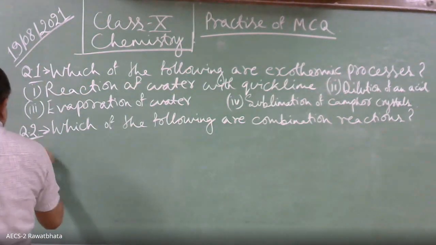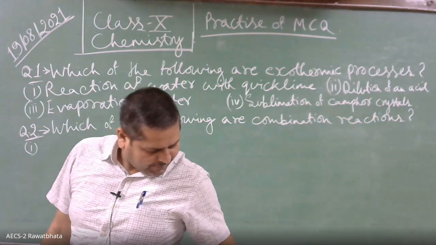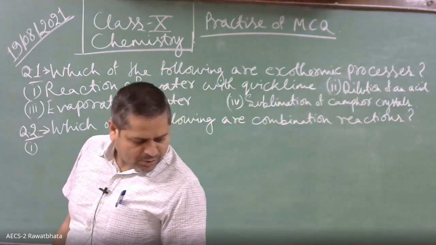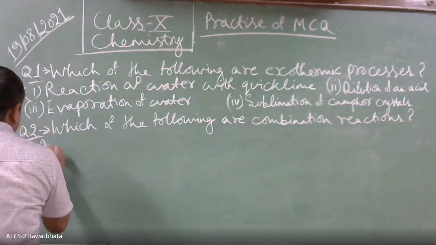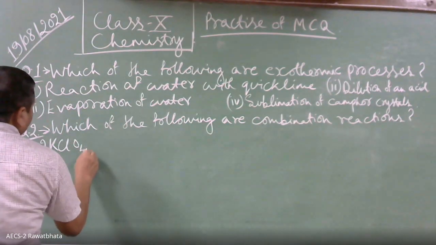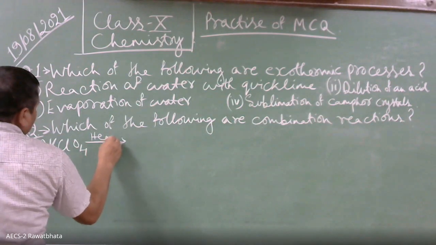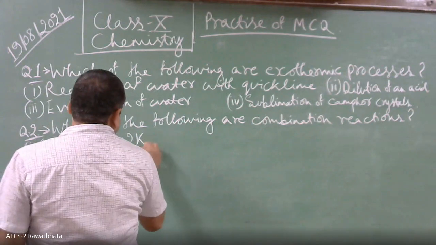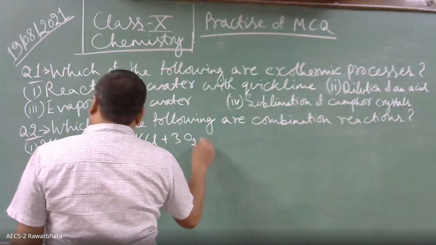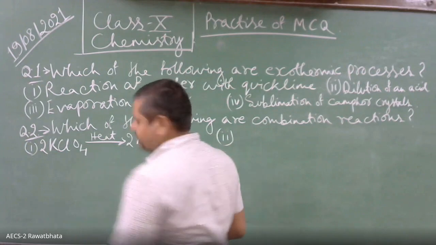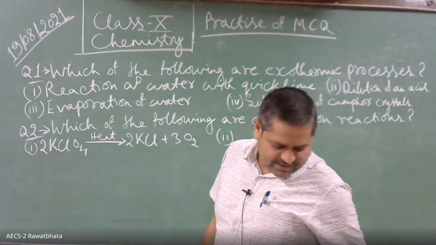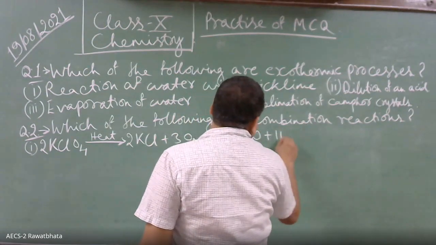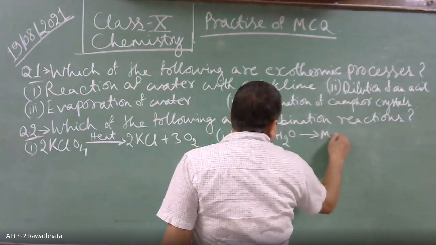First option, 2KClO4, on heating, gives 2KCl plus 3O2. Second option is MgO plus H2O gives Mg(OH)2.